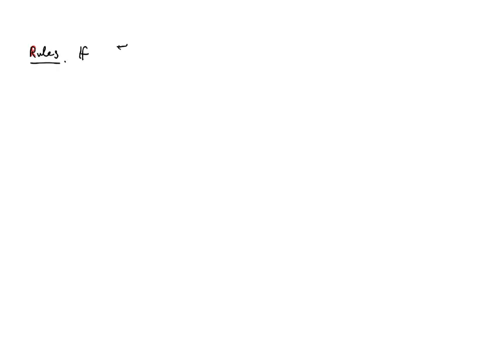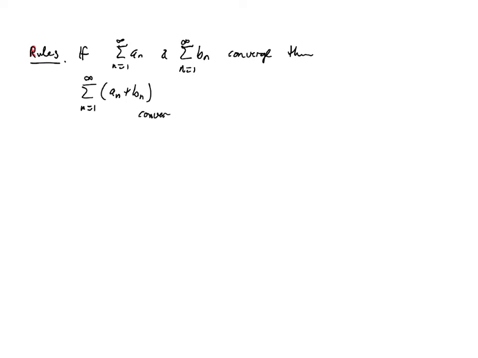If we have two series, the summation n equals 1 to infinity of a_n converges, and the summation n equals 1 to infinity of b_n also converges, then the series n equals 1 to infinity of a_n plus b_n also converges, and in fact its sum is equal to the sum of the first series plus the sum of the second series.